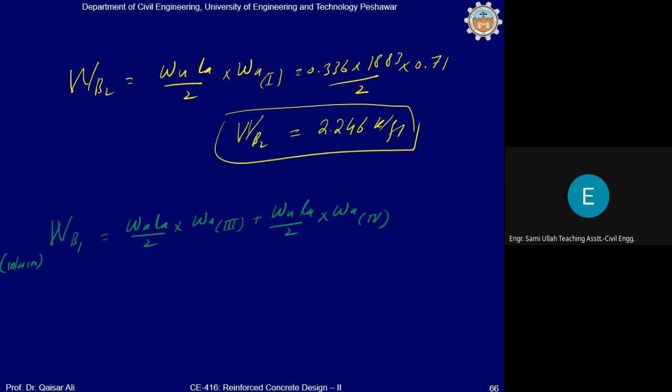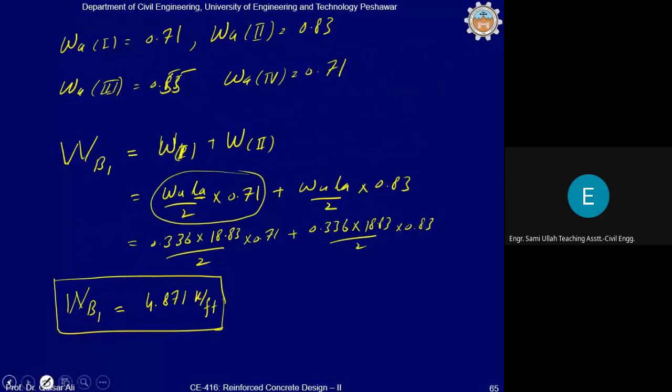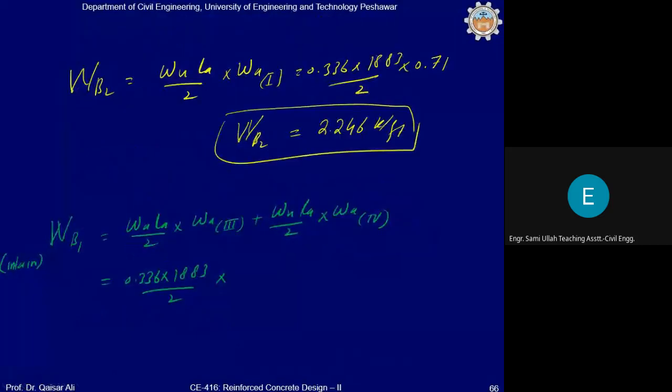Okay, so put 0.336 multiplied by 18.83 divided by 2 multiplied by WA of panel 3. How much is it? It is 0.55. And for panel 4 it is 0.71. So it is 0.55 plus 0.336 into 18.83 divided by 2 multiplied by 0.71.